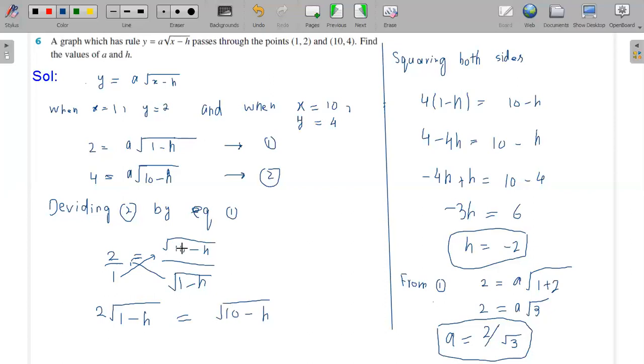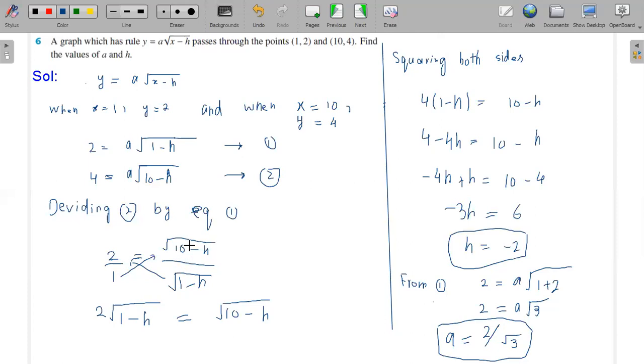So what we did here is that we divided equation 2 by 1, and then we got 2 equals this. The a's got crossed out. However, the square root didn't get crossed out. The numbers in the square root did not get simplified with division. Yes, directly they cannot be simplified.